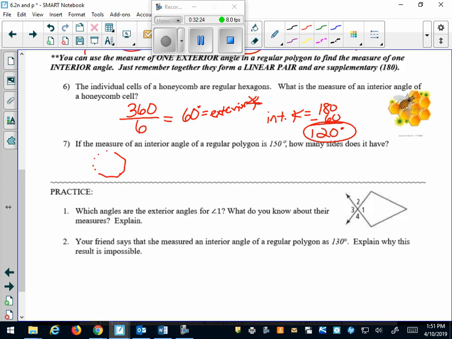But we do know that the interior angle is 150. So what's the exterior angle? 30 degrees. How could we get the number of sides? Yep, 360 divided by 30, because all the exterior angles add up to 360, and each exterior angle is 30. 30 times 12 is 360, so 12 sides.